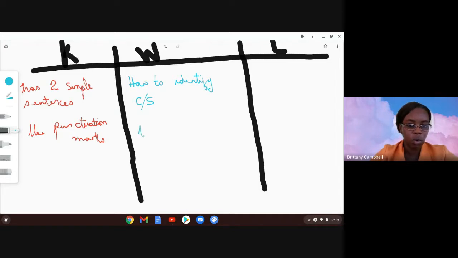Okay, so what are the components of the compound sentence? So what are the components of, again, compound sentences?